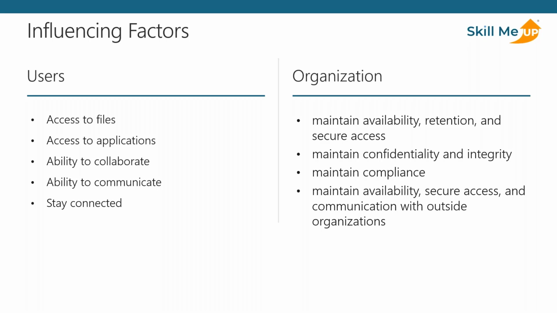and make sure that everything is secure, and that confidentiality and integrity and compliance and all of those things are taken care of. So keeping a balance between that to maintain a strong user environment, and making sure users are happy with how available and accessible the applications and information are, is really what we need to do as an organization in how we architect our infrastructure and our network.